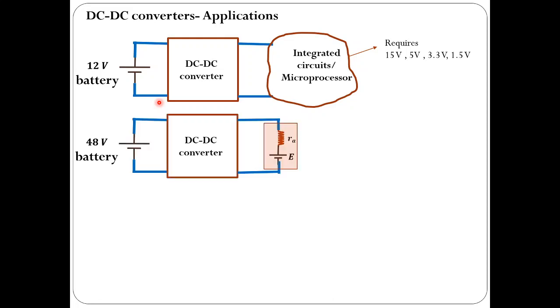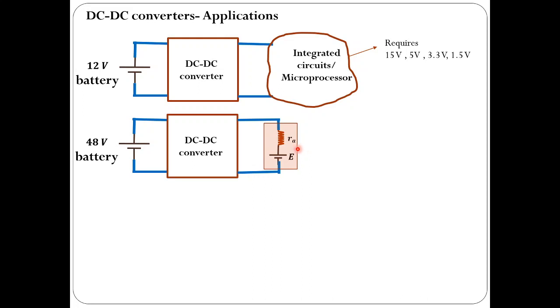The next one, DC motor application. Whenever we want to control a DC motor, the source available for speed control is usually a battery. We use a battery to supply the power, especially in electric vehicles where the battery is the major source and you need to control the speed of the motor.